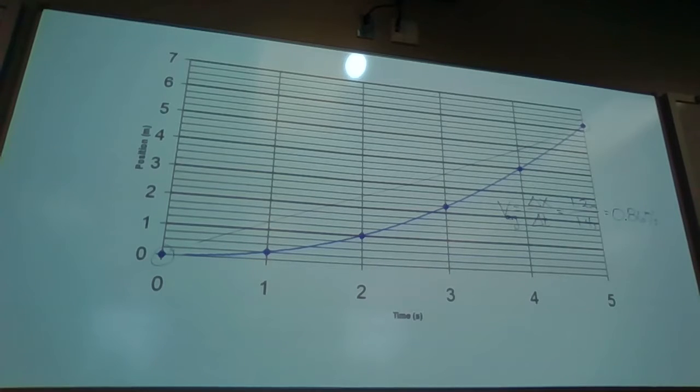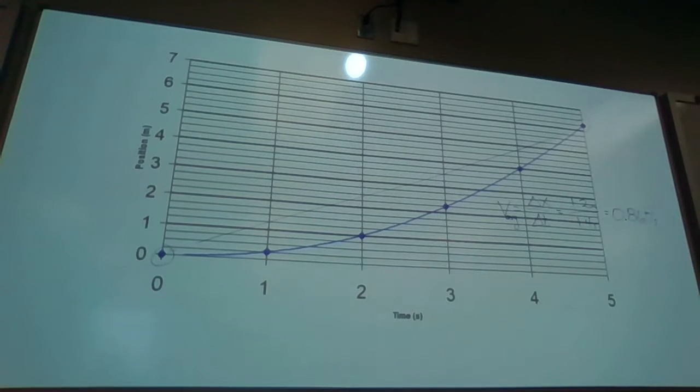Does that capture how fast I'm going right at the end? Is that an accurate measurement of the slope of that line right at the end? Is this how fast I'm going right at the end? No. It's an approximation.